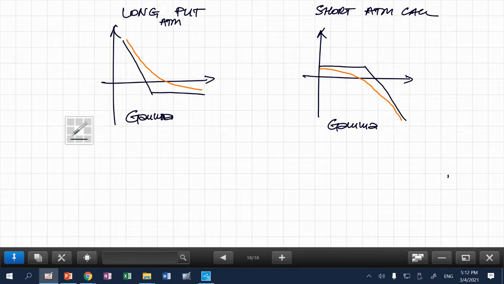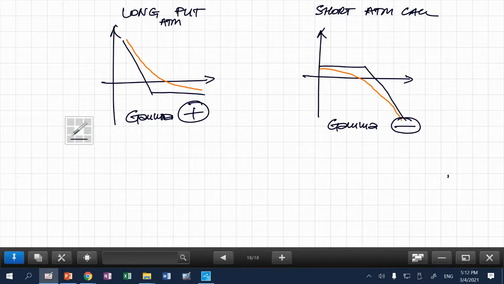Think in terms of positive or negative gamma in the two cases. In which of these two are you gamma positive? You have a U-shaped function in the long put or the short call? In the long put, correct. So here we are positive gamma, and here we are negative gamma, okay?